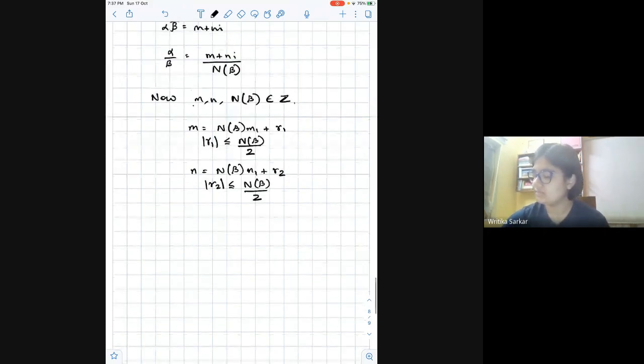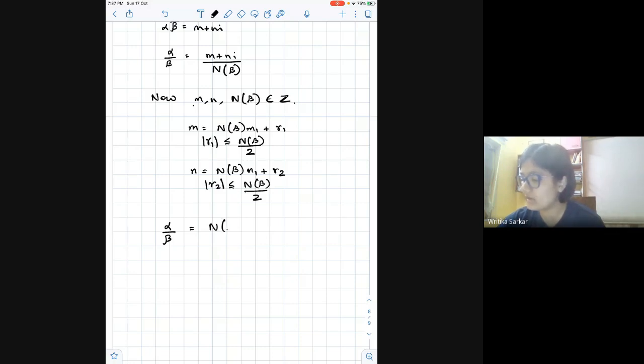Then if we go back to our alpha over beta, m is this. So we have norm of beta times m1 plus r1, plus i times norm of beta times n1 plus r2, divided by norm of beta.